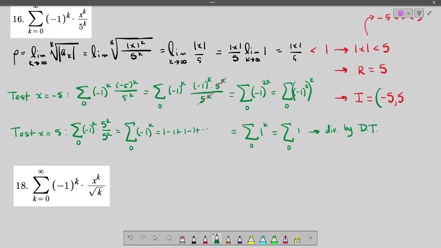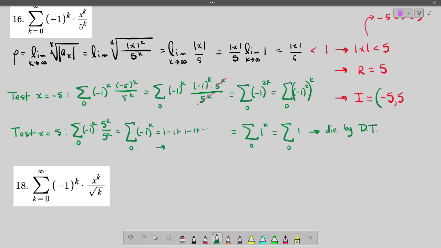You can also think of it: are the terms going to 0? No. When we look at the terms, there's a 1, there's a minus 1, there's a 1, there's a minus 1. The limit of a sub k has to be 0 by the divergence test. If the limit of a sub k is not 0, then it automatically diverges. So that's the easiest way to say this.